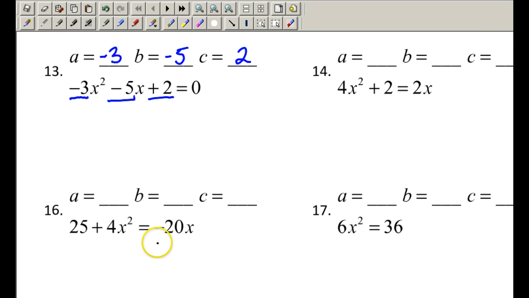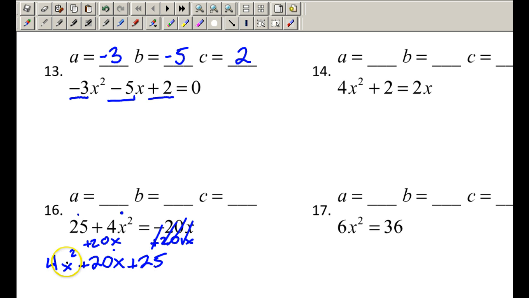And they're not on the same side. So you have to do a little bit of work and say, well, I want everything on the same side. Right? And I want to put them in order. I want to put the x squared first, the x next, and the 25 last. So I'm going to put these in the correct order. 4x squared plus 20x, because I added it to both sides, plus 25.